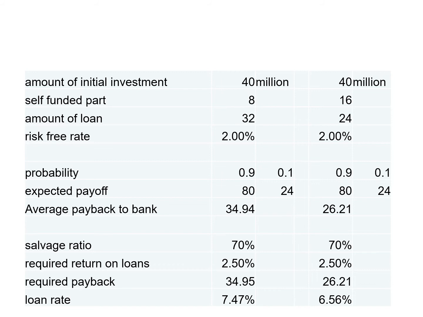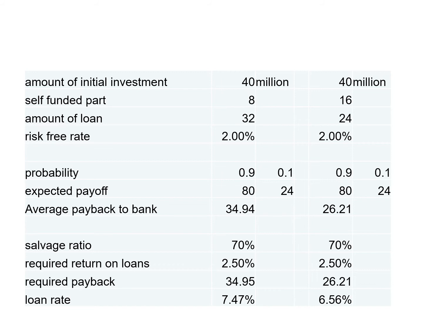No, average payoff means not the payoff from the project, rather is payoff to the bank. I mean the loan, because the loan is one is $32 million, the other $24 million is average payoff to the bank.